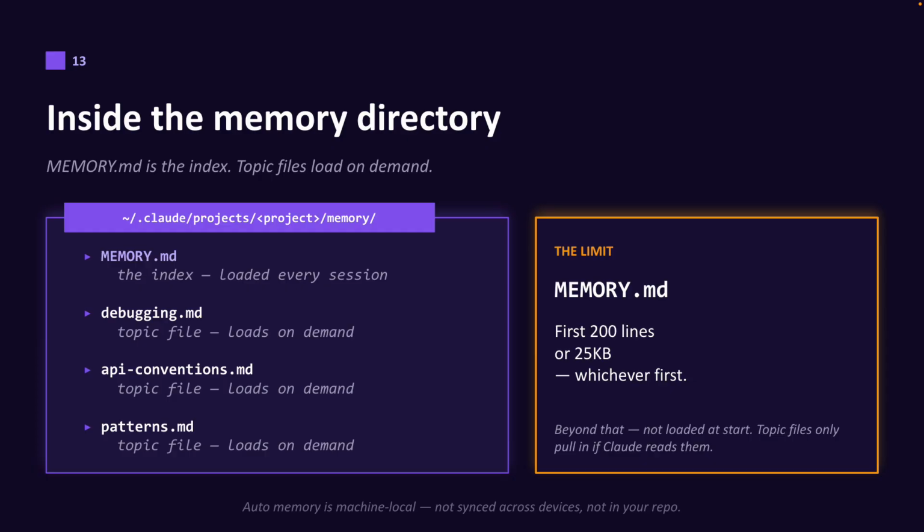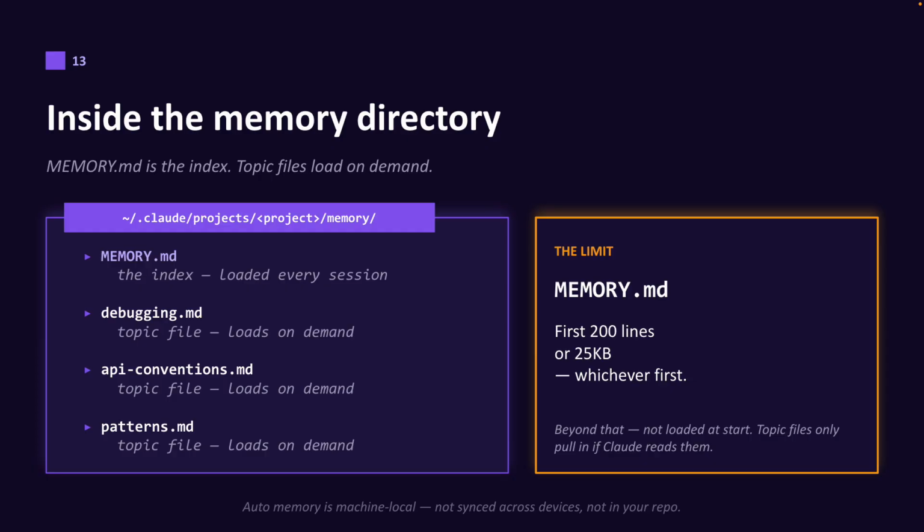Auto memory lives at ~/.claude/projects/your-project/memory. It's machine local, not synced across devices, not in your repos. Inside, there is a structure. Memory.md is the index. That's what loads at the start of every session. The other files, debugging.md, api-conventions.md, patterns.md, these are all topic files.